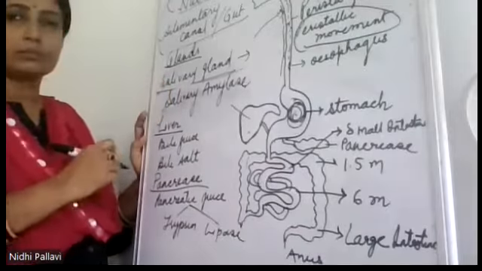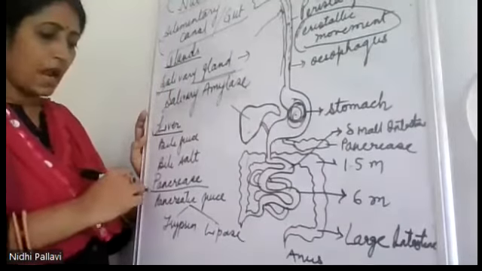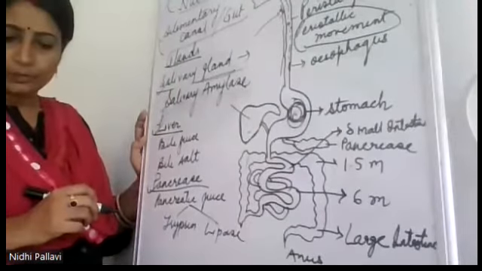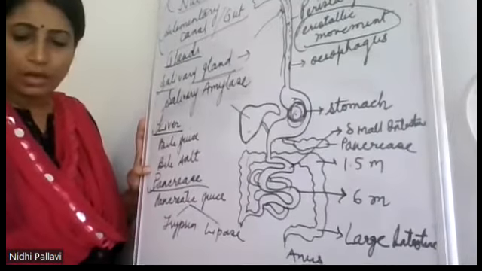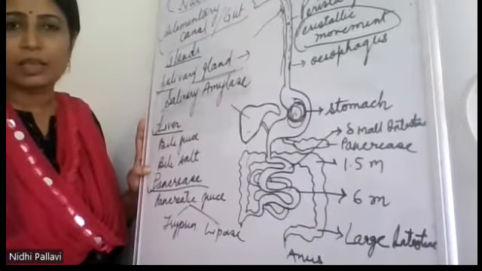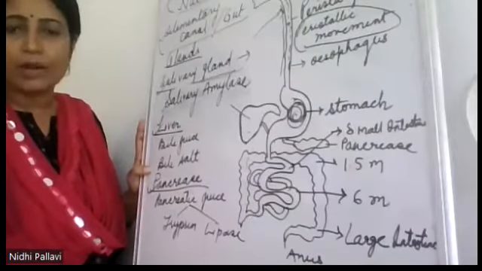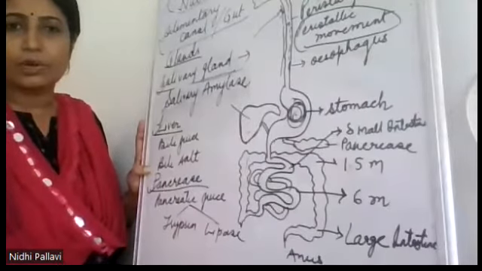Salivary gland, liver and pancreas. Pancreas को हम कहते हैं एक्सोक्राइन या मिक्स टाइप ऑफ ग्लैंड। इसको मिक्स ग्लैंड कहा जाता है। Why it is called mixed gland, that I will discuss with you later.